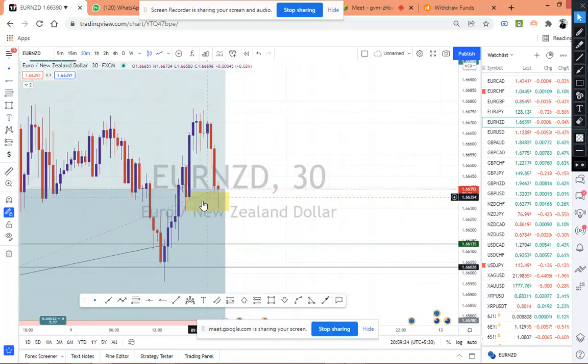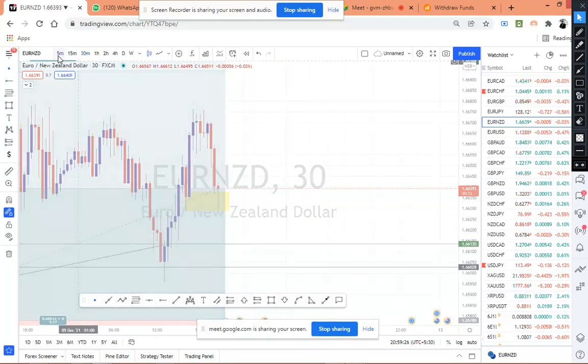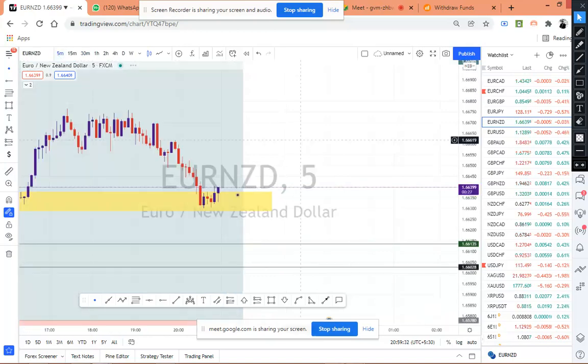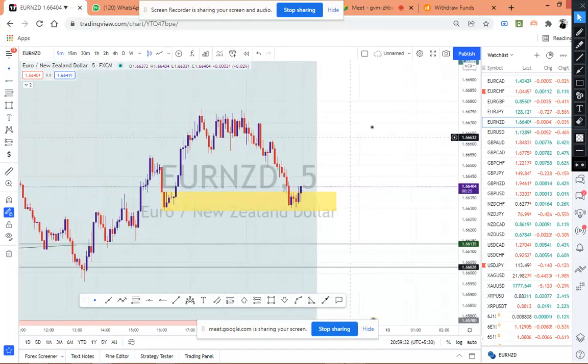Like I said, on the 5-minute charts, this is a demand zone. I can see some bullish is trying to enter the market.